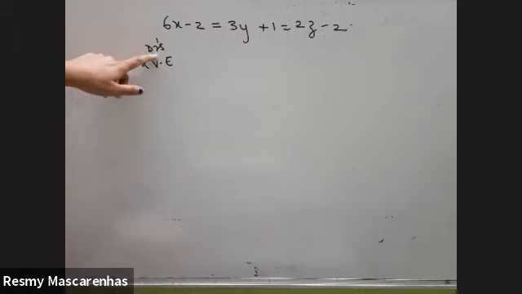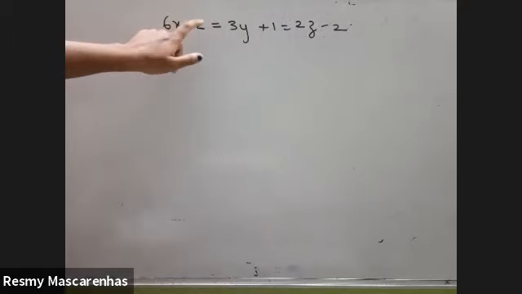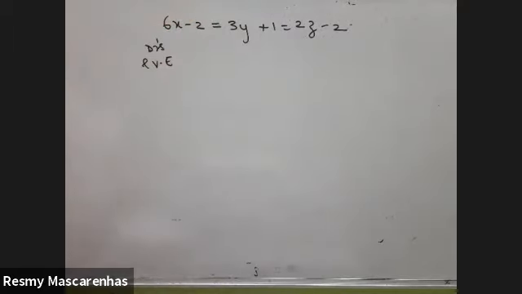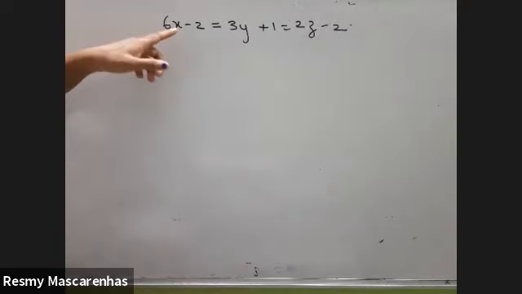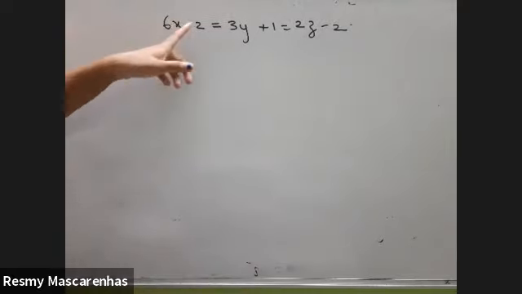Before finding direction ratios, I told you to bring this Cartesian in the standard form. You have to make sure x, y, z are always at the start, and there should not be any coefficient for x, y, and z. If it is there, then you have to divide.